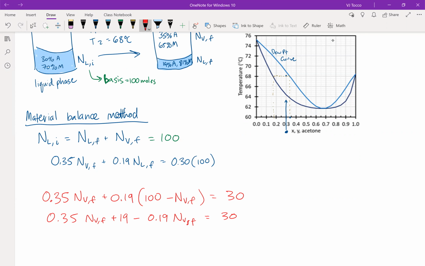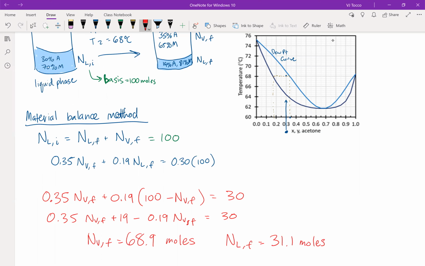So take the 19 over to the other side, gives me 11 divided by 0.35 minus 0.19, which is 0.16, correct. So this tells me that NV final is 68.9 moles, which then back solving for NL final, 31.1 moles.